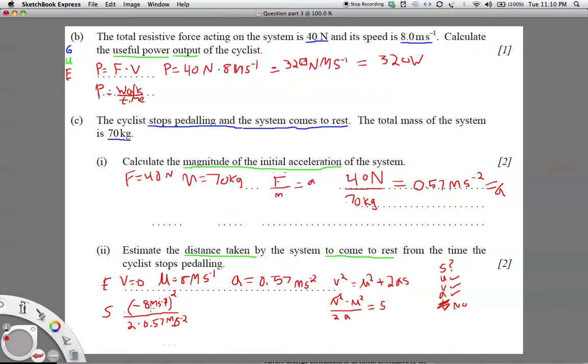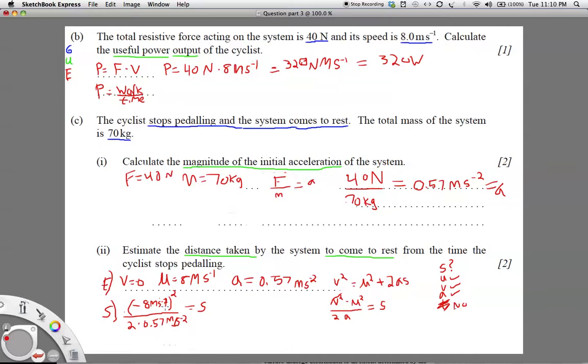I'm going to do this in one calculation. This equals distance, this is the solve step. From this I get negative 64 meters squared per second squared on top, and on the bottom I have meters per second squared.